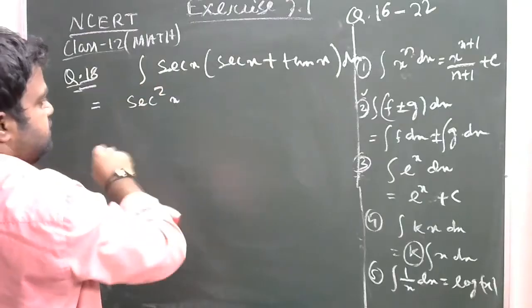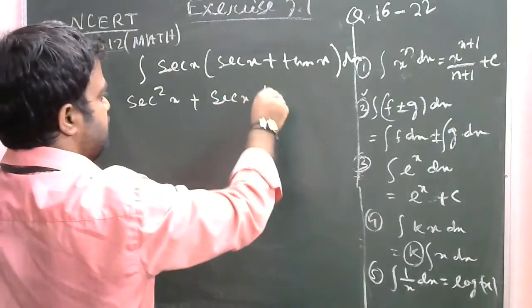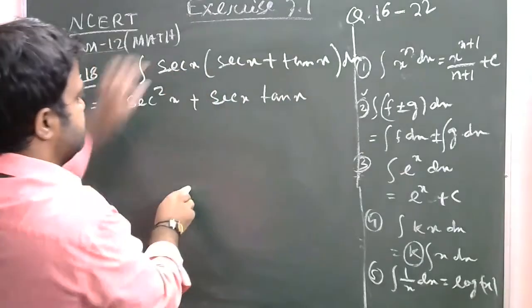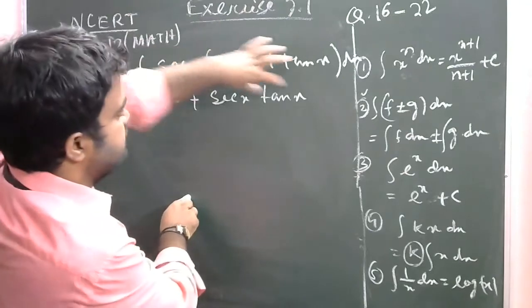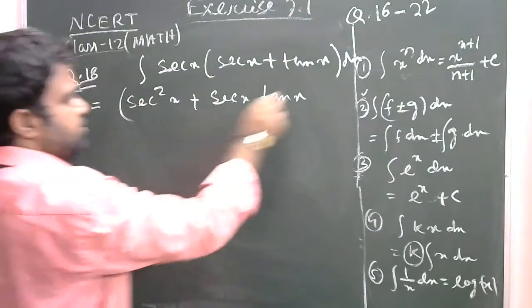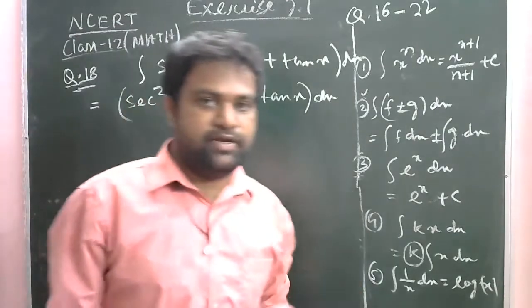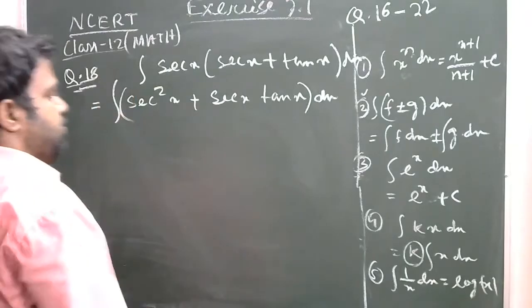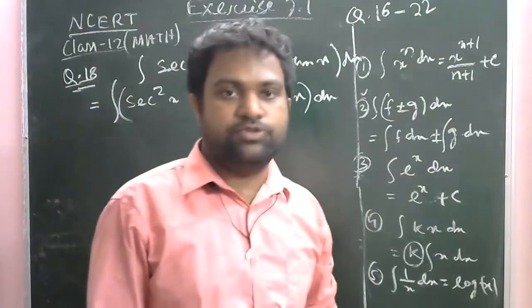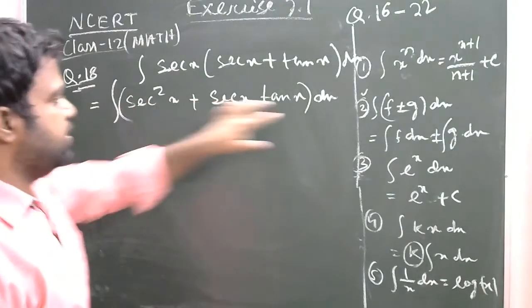So sec square x plus sec x tan x, dx. I multiply sec x into sec x, sec square x, and sec x into tan x, sec x tan x. Because now I can use one formula. Which formula will I use? If you can guess.